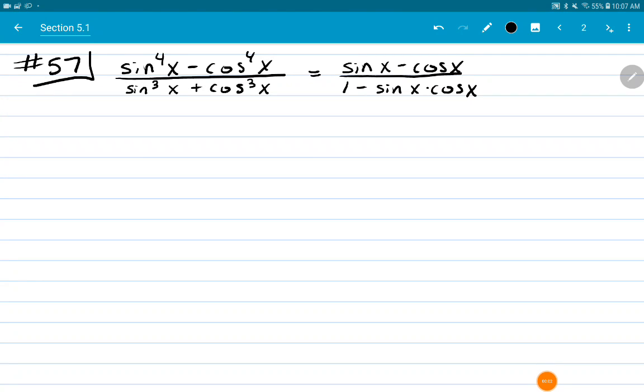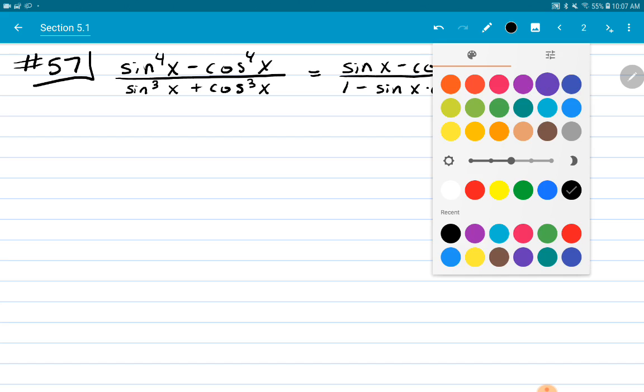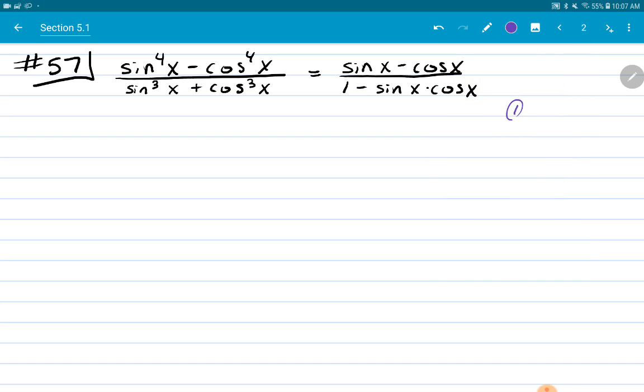Section 5.1, problem number 57, we need to verify this identity. And like the last few problems, I'm going to use the strategy of starting to try to simplify the more complex side and see if we can reduce it down to what's on the other side.